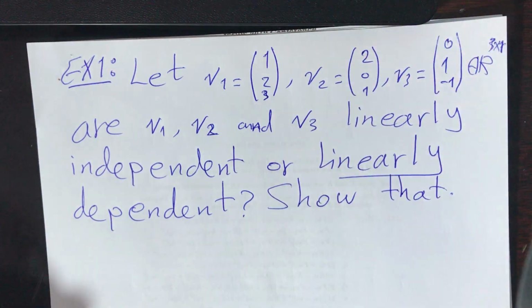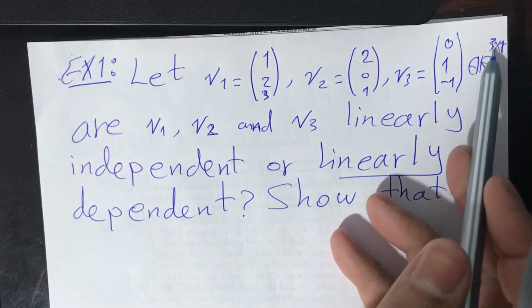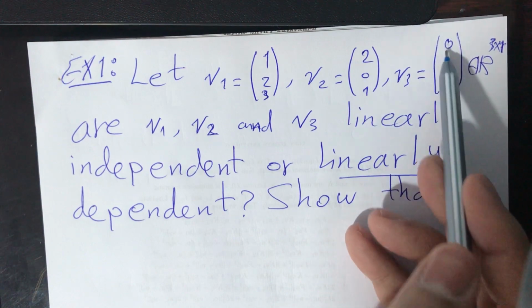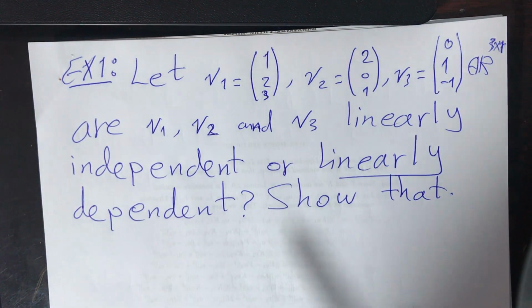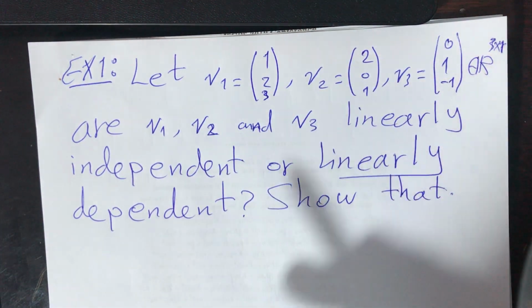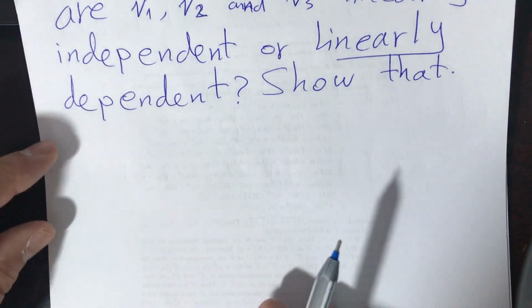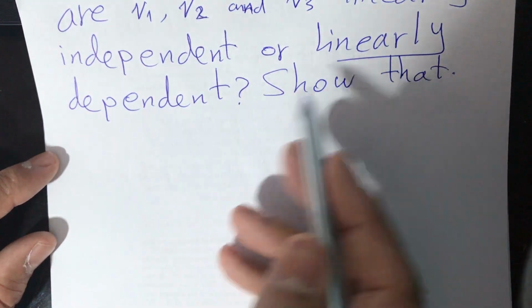Now, solution for this example. We take 3 vectors V1, V2, V3 in R3,1: (1, 2, 3), (2, 0, 1), (0, 1, -1). Now we can take a linear combination of these vectors and see what the real numbers are. If one is not zero, we call this linearly dependent.